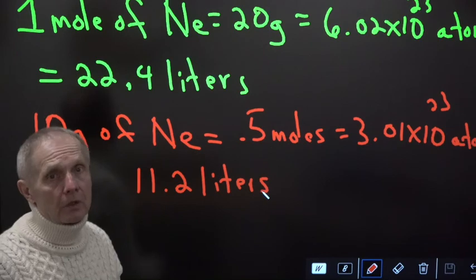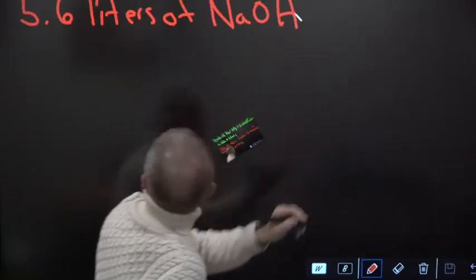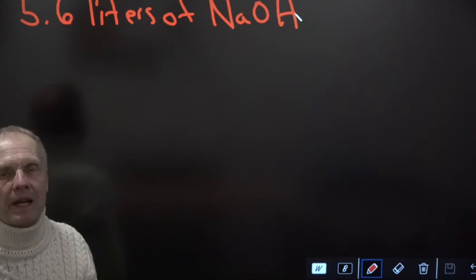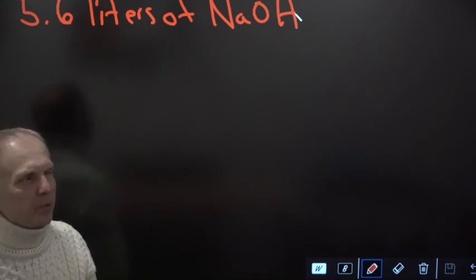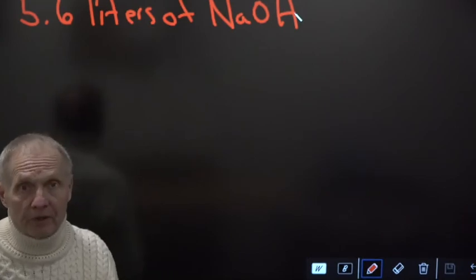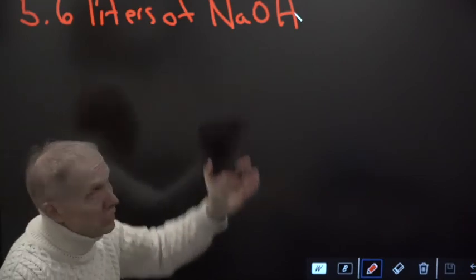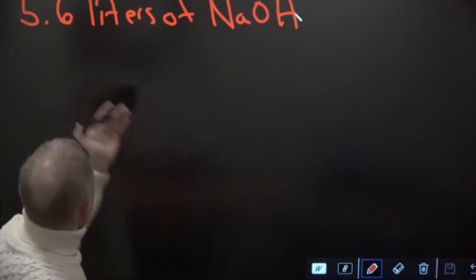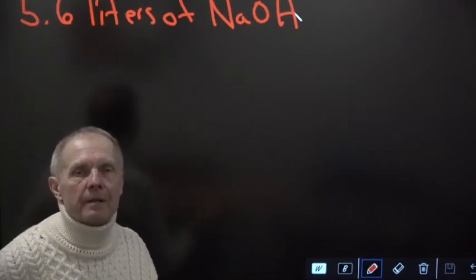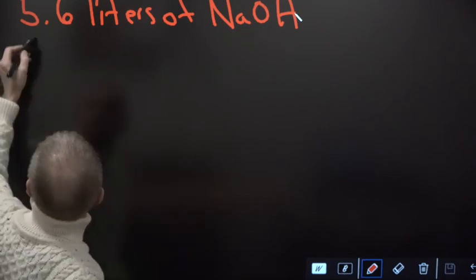So now let's go to something else. Now watch. I give you 5.6 liters of NaOH. Well, you know that 1 mole gives us 22.4. So to find moles, I take what's given, 5.6, and I would always divide it by 22.4 liters.